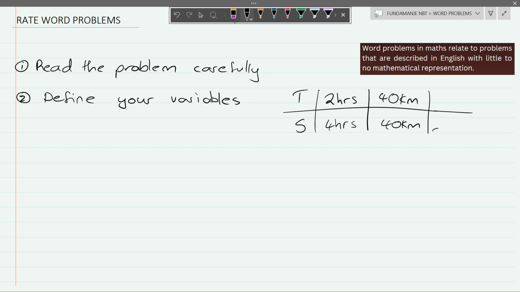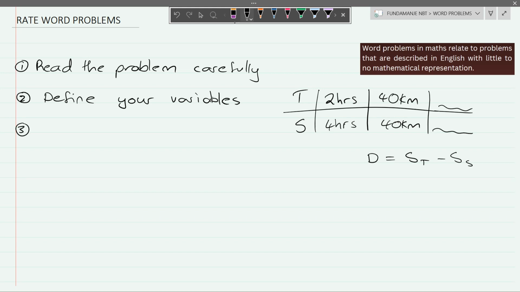And then you would need to first figure out what this is, and you need to figure out what that is. So defining your variables is saying, okay, what I'm looking for is the difference in speed. So it will basically be the speed of Thabo minus the speed of Sarah, depending on whoever's faster will come first. But then that is done.